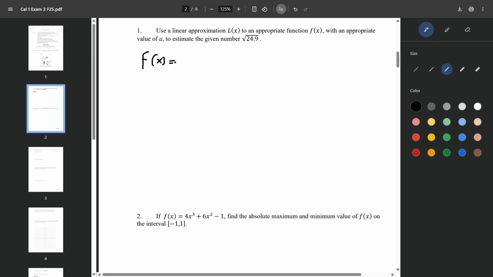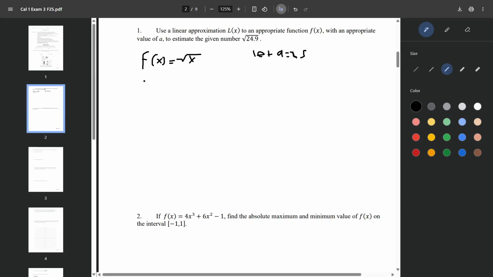F of x equals root x. The closest number to 24.9 that we can easily calculate is 25. So we'll let a equal 25, a being the number that we're going to approximate for.